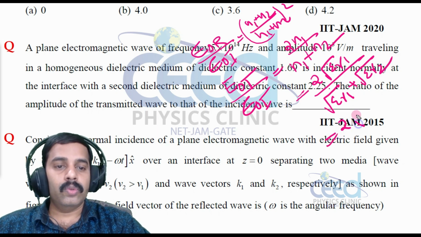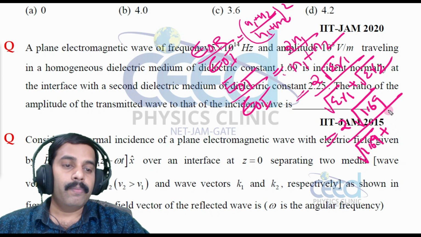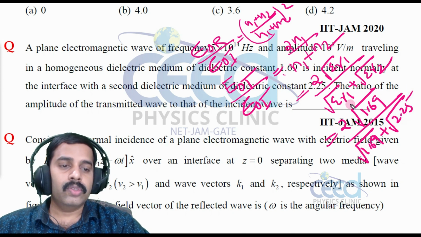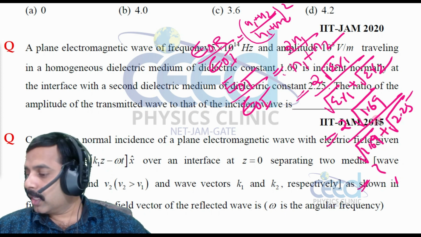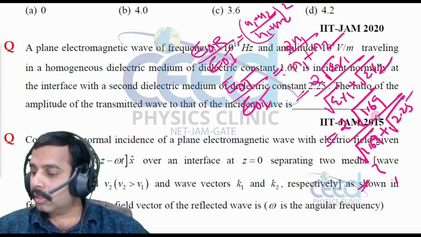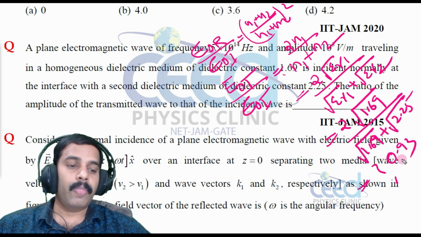So 2 into root epsilon R1, that is root 1.69, divided by root 1.69 plus root epsilon R2, that is again epsilon R2 is 2.25. They are all perfect square roots, so you may simplify this. That is the correct answer. When you solve, you will get an answer as, let me check, 0.93. Alright.